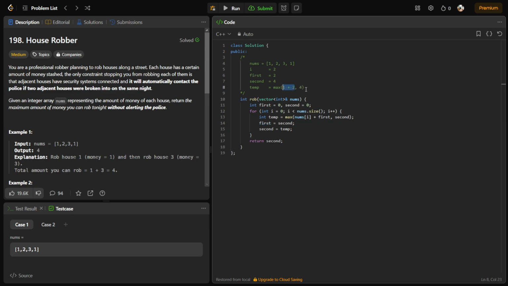In this case, the max is still 4. First now becomes second. Second now becomes temp, which is 4. Then we can just return second, which in this case would be 4, right? From here we know that the highest amount of money we can rob from these houses is 1 and 3, which gives us a total of 4, right?